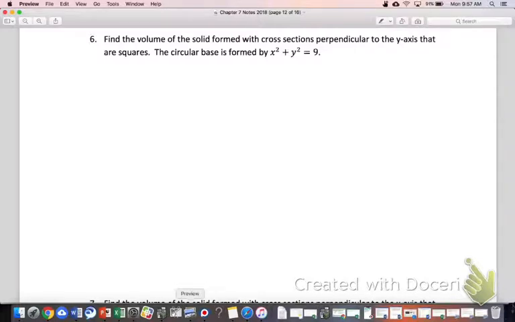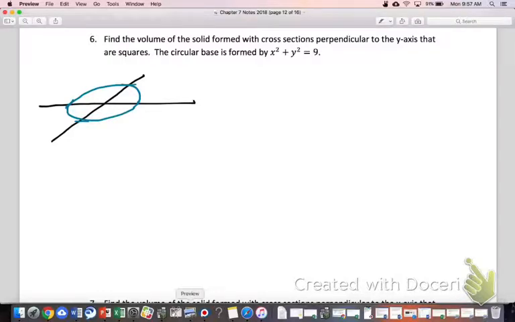Yes, ma'am. Integral 0 to 3 of x squared minus... Like, I would just draw a square here, and it would be perpendicular to the y. This is just something we can use. So my circular base would look roughly like that-ish.